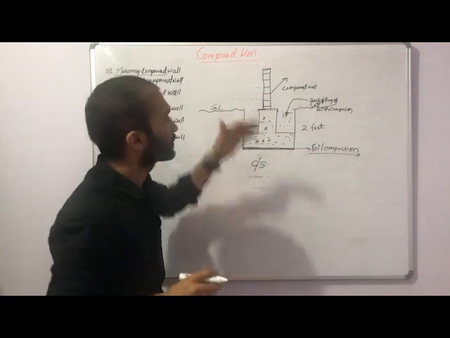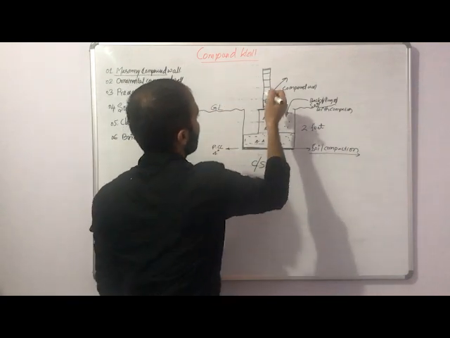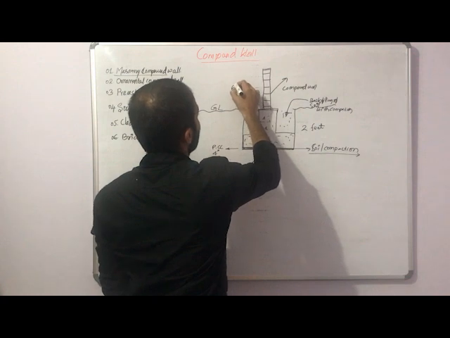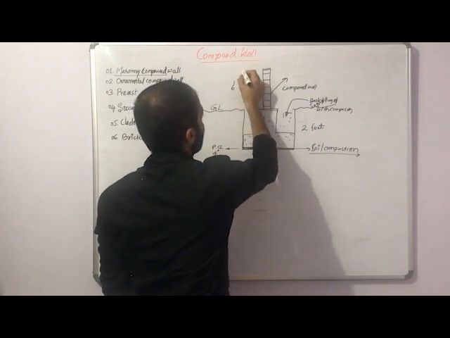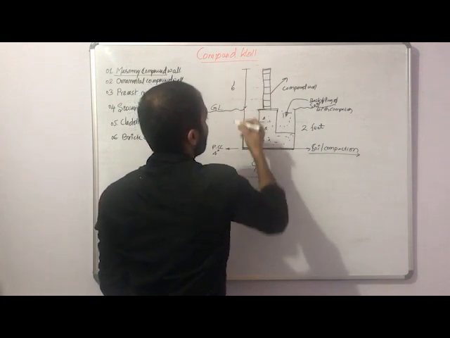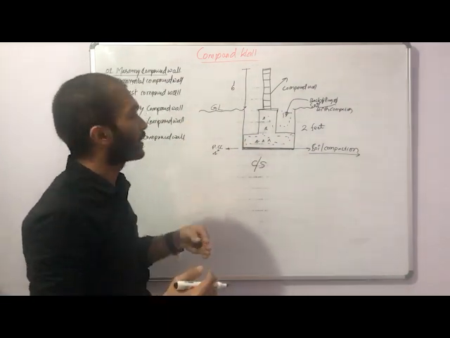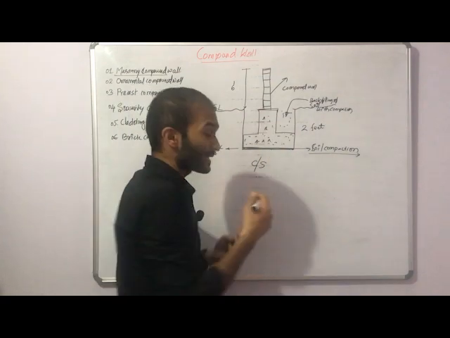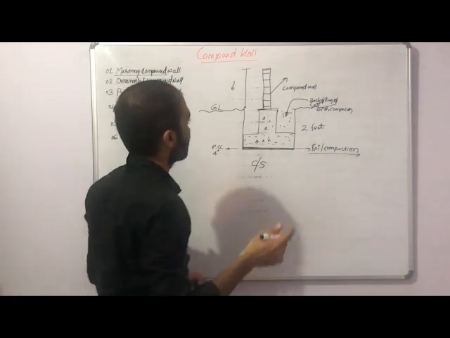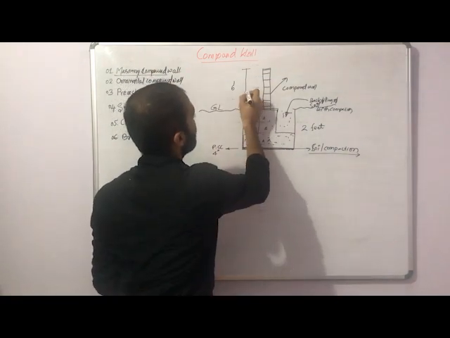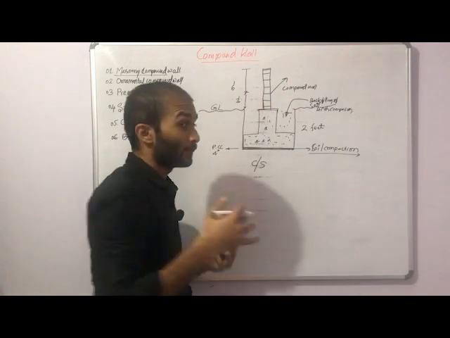We can't construct it all at once. For example, say the height of the compound wall is around 6 feet, correct? I can't construct 6 feet in a single shot, because as per our IS codes we can go up to 3 feet per day.